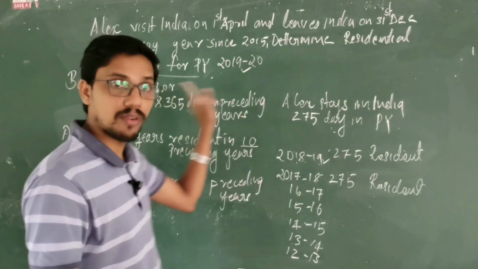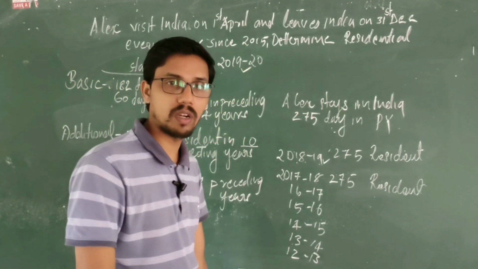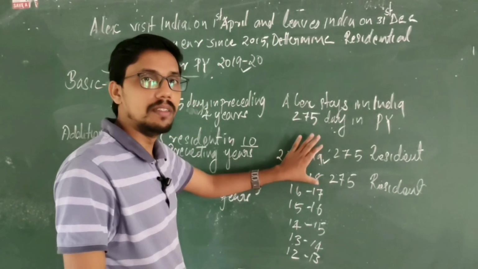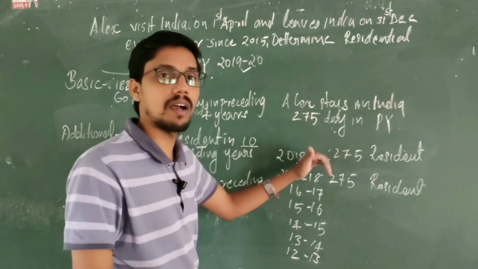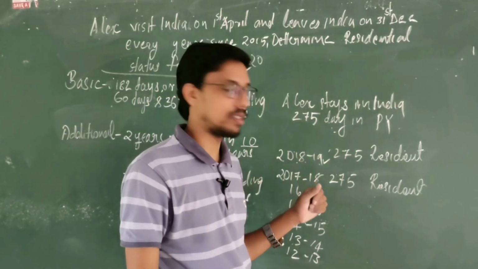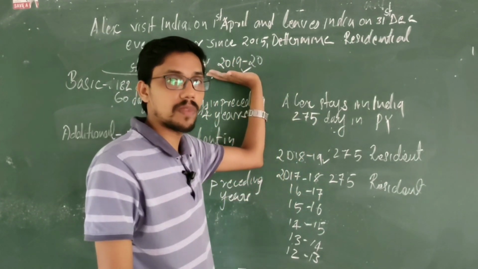So, he satisfies the first condition that in the relevant previous year he stays in India for more than 182 days, and he is a resident in India for at least 2 preceding years of the relevant previous year. Relevant previous year is this 2019-20.